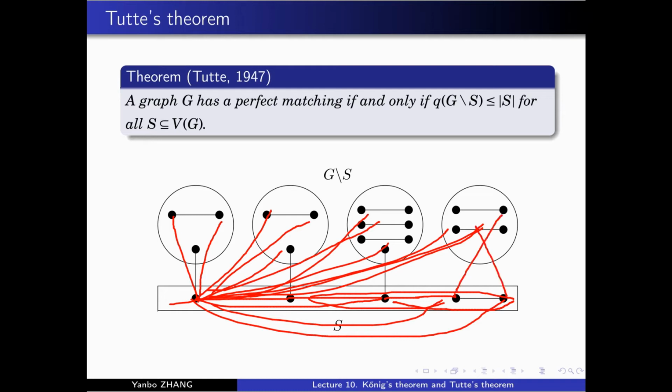And many edges. And every component of G minus S is a complete graph. Every component is a complete graph.